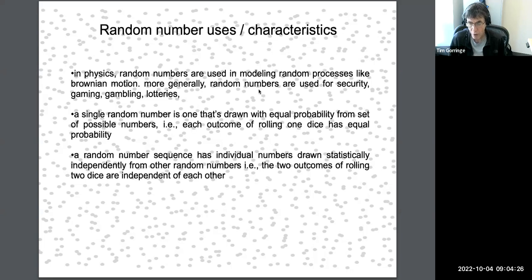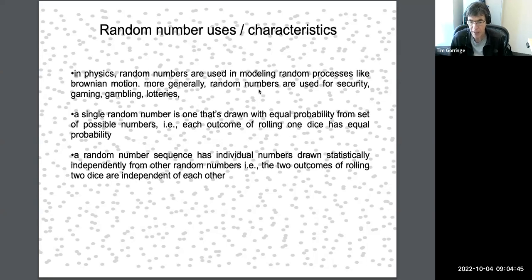When I think of a single random number, I think of a number that is drawn from some set of possible random numbers with equal probability for each of those possible random numbers.